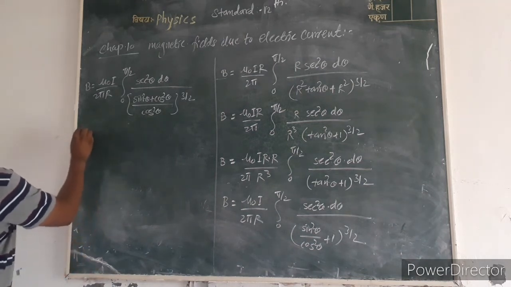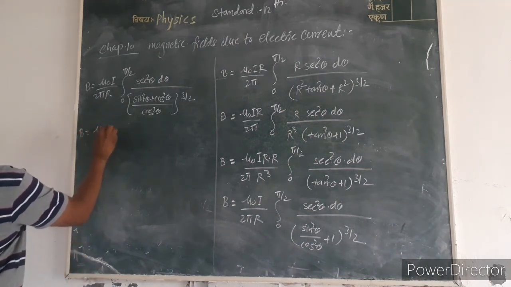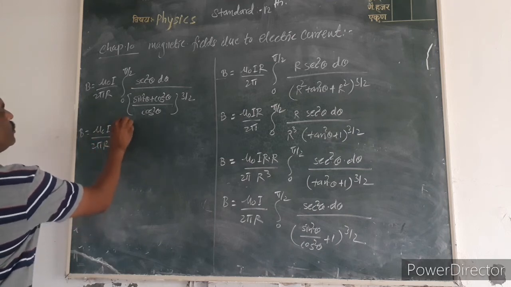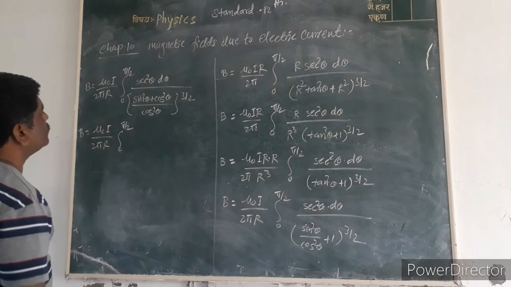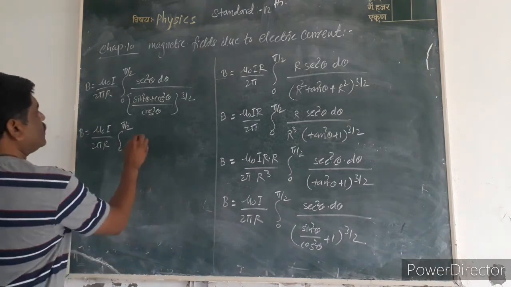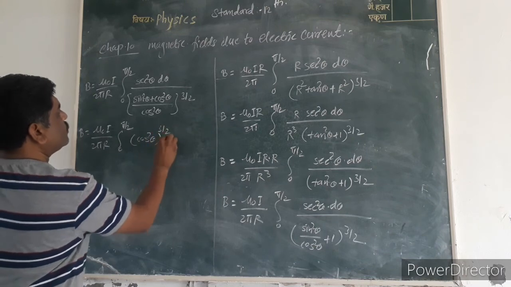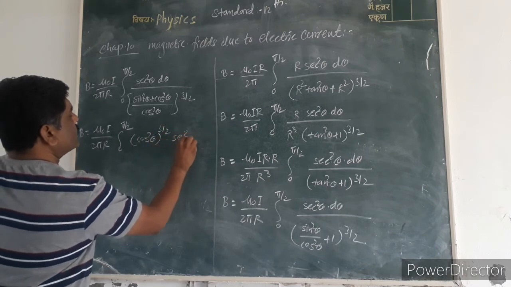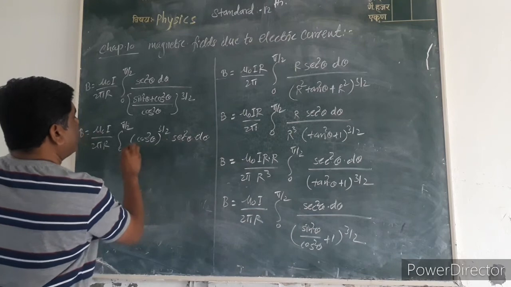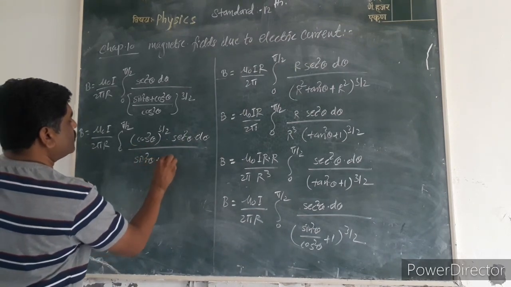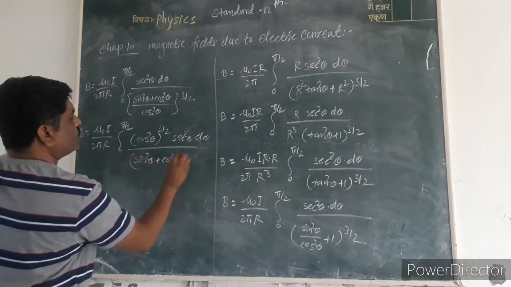Therefore, B is equal to mu 0 I upon 2 pi r, integral 0 to pi by 2, cos square theta raised to 3 by 2 into sec square theta d theta divided by (sin square theta plus cos square theta) raised to 3 by 2.